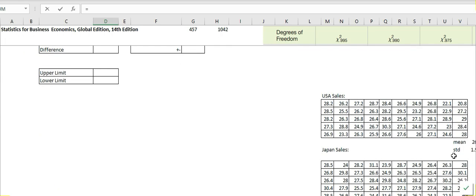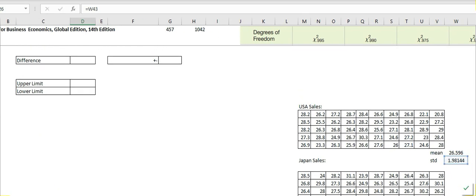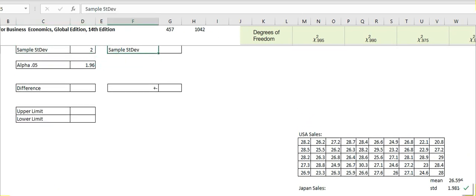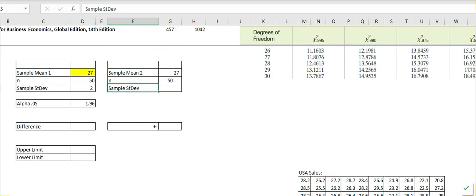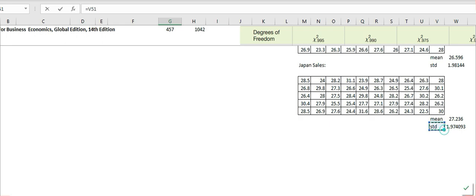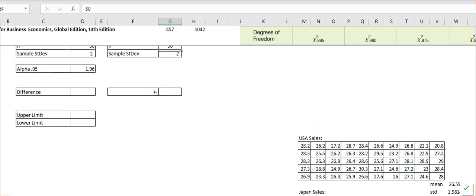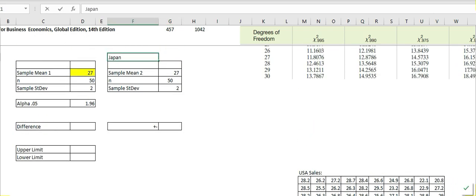This is the standard deviation, and this one also is the standard deviation. This is the Japan. This is the US.